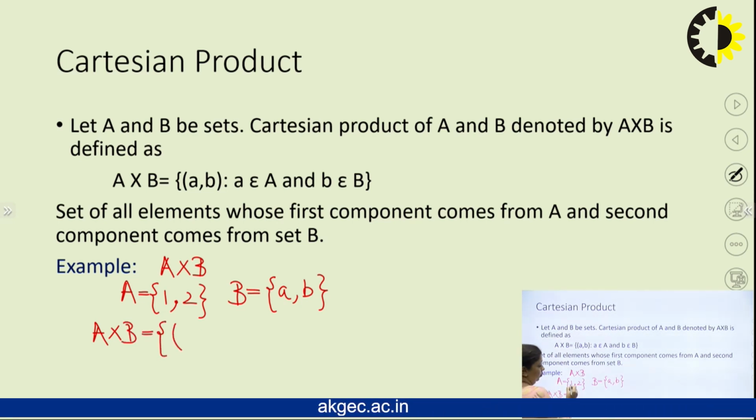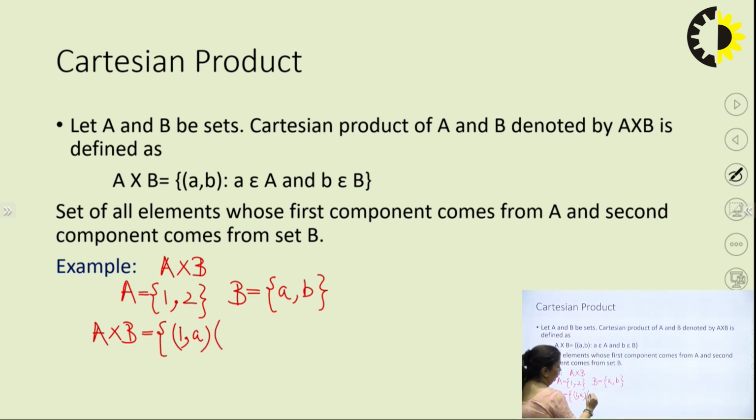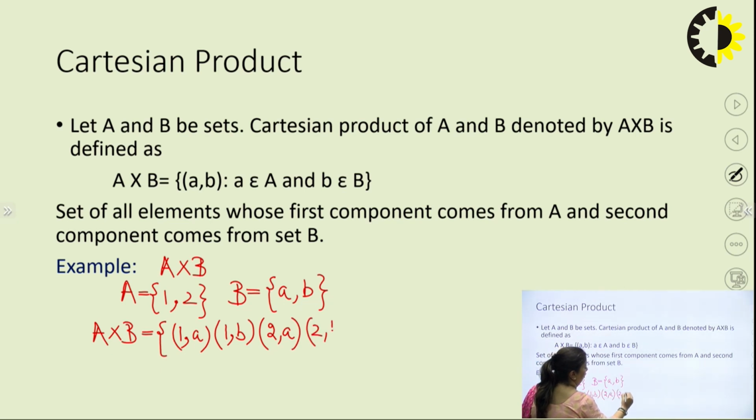One possibility is 1 comma a, another possible ordered pair is 1 comma b, then we have 2 comma a and 2 comma b. So these are all the possible ordered pairs for these particular sets. This is what is known as Cartesian product, where we have all the elements that can belong to the ordered pairs.